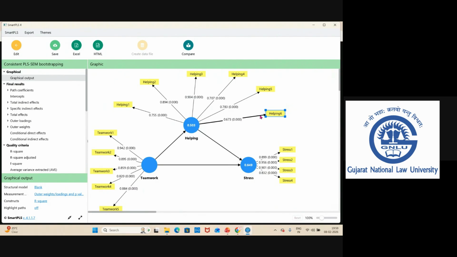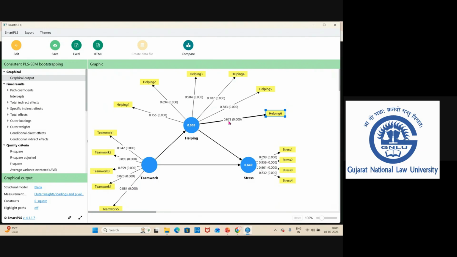But if your theory or existing literature suggests that you can't delete it, that this is one of the most important indicators for the study, then you can keep it. However, if the value is less than 0.6, it is always better to remove it. If it is between 0.65 and 0.7, you can go a little bit liberal and think of keeping it. Right now, it is close to 0.7.